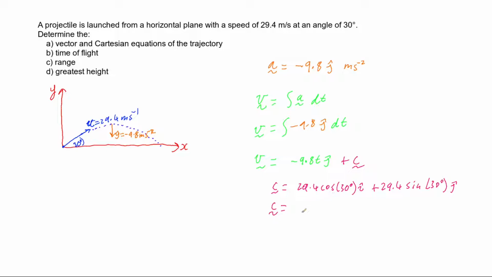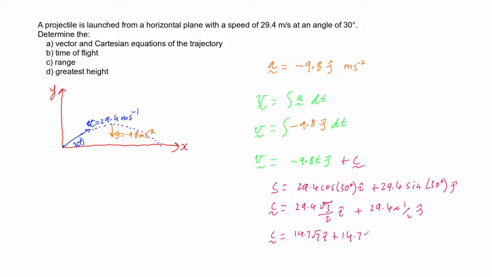Cos 30 is root 3 over 2, so this is going to be 29.4 root 3 over 2 i. And sine 30 is just a half, so we're going to have 29.4 times a half j. Working out these values, half of 29.4 is 14.7, so we have 14.7 root 3 i plus 14.7 j meters per second for our initial velocity.